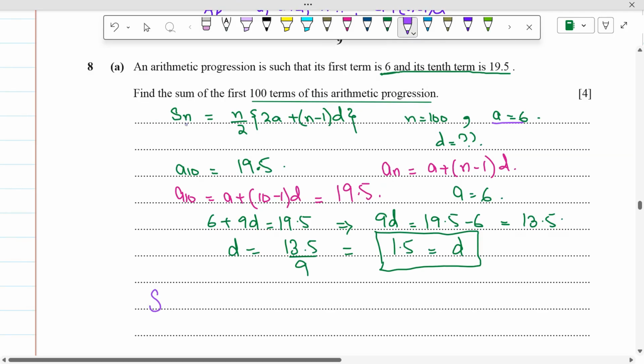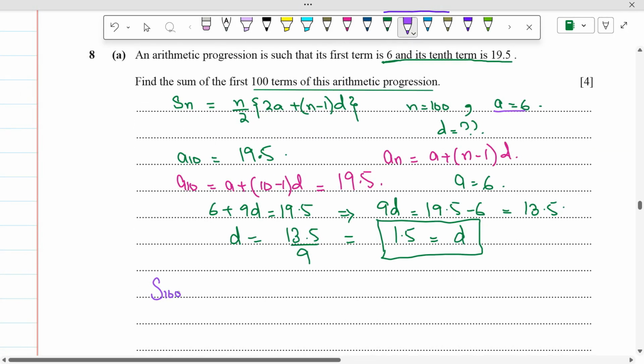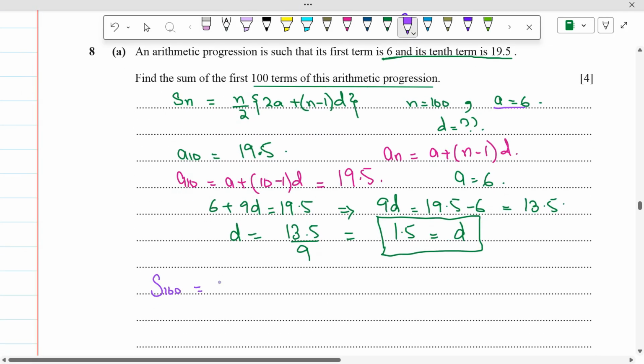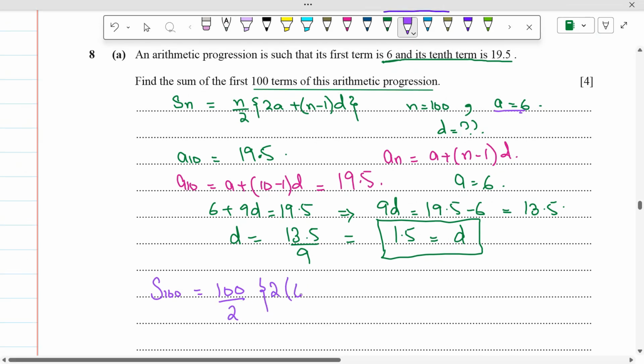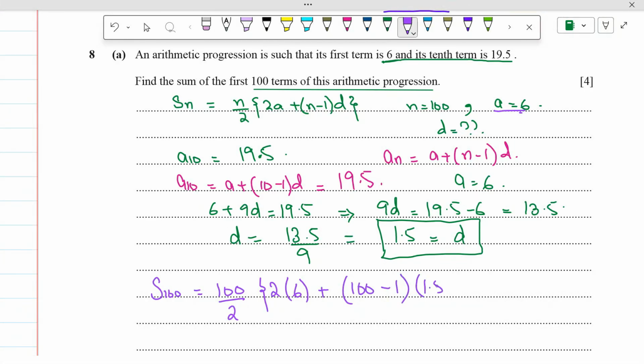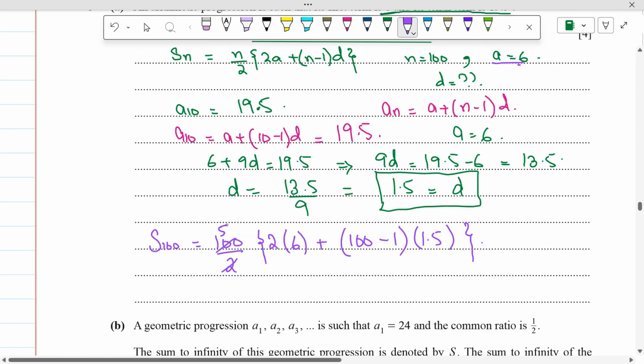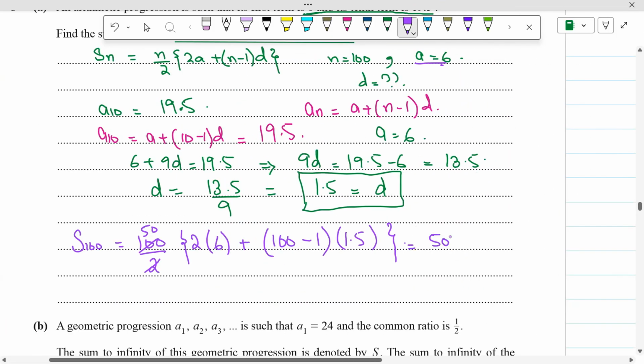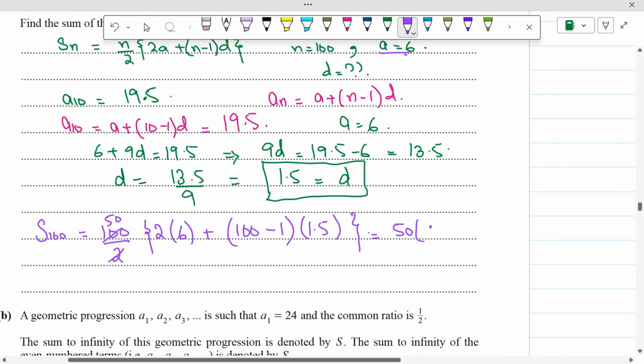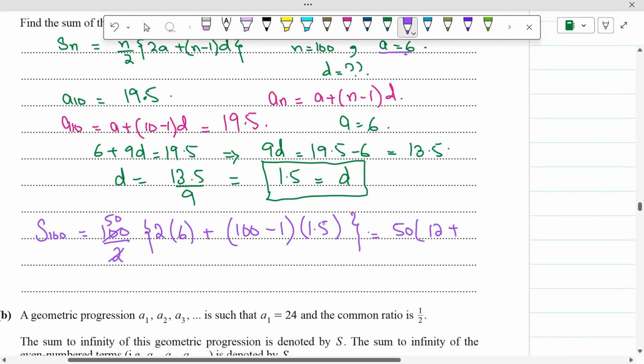So S100 is equal to n over 2, meaning 100 over 2, in brackets 2a, meaning 2 times 6, plus n minus 1, meaning 100 minus 1, times d, which we just calculated, 1.5. Bracket close. So this is equal to 50 times (2 times 6 is 12 plus 99 times 1.5).